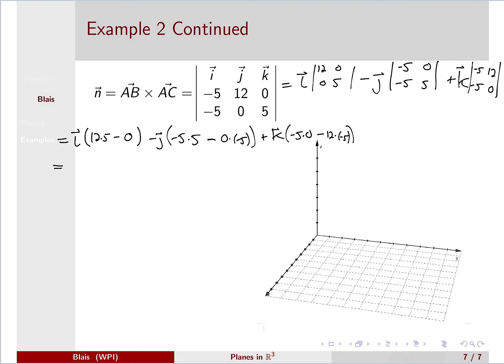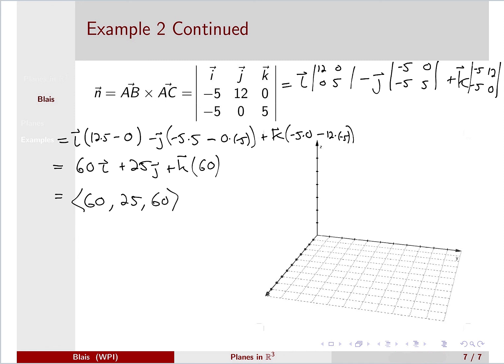And so we have 60i, and notice here we have a negative 5 times 5, so that's a minus 25, but we have a minus 1, so plus 25j, and then we have plus k in here. This first term is 0, and we have minus 12 times minus 5, or 60. And so we can write this vector as 60, 25, 60.